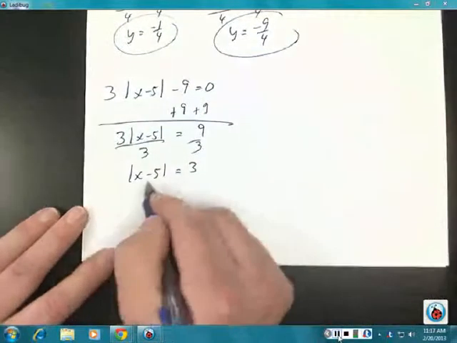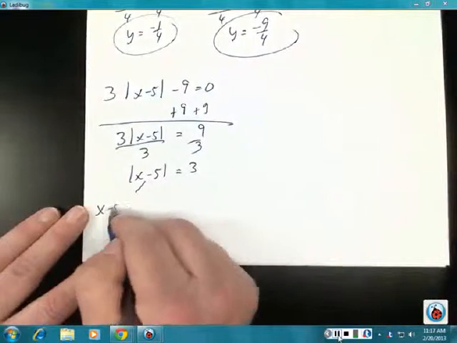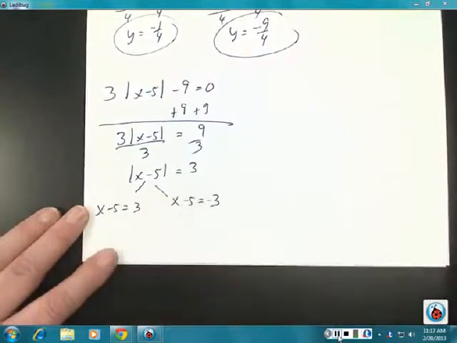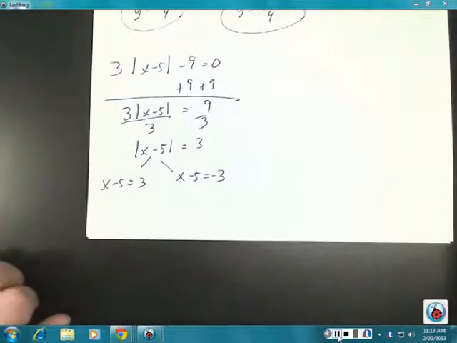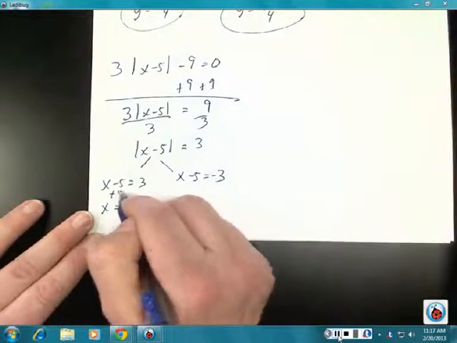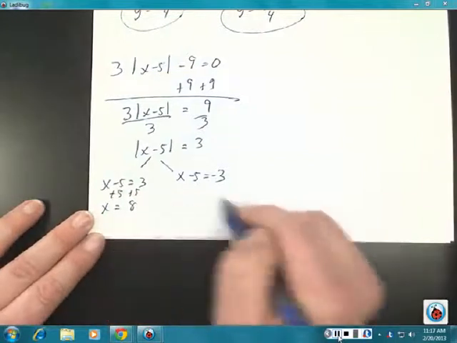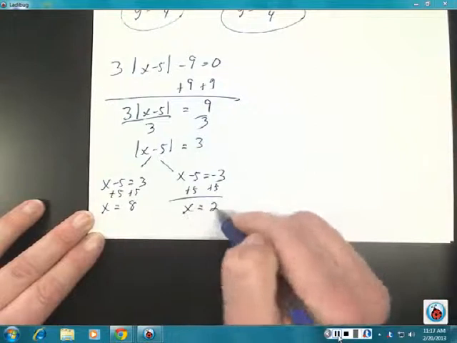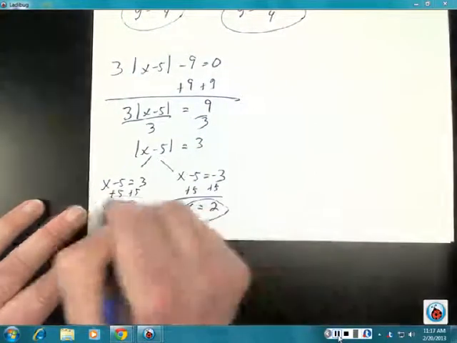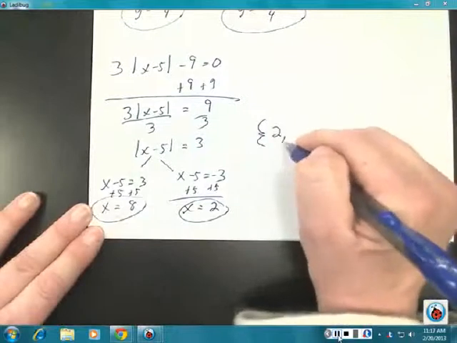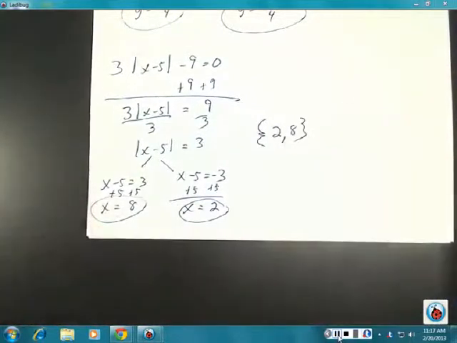Now I can break this into my two parts. x minus 5 equals 3, or x minus 5 equals a negative 3. So you've got two pieces happening there. So x could be, if I add 5, 8, and if I add 5, x could also be 2. So that's my two pieces. So in my answer, 2 comma 8 would be my answer.